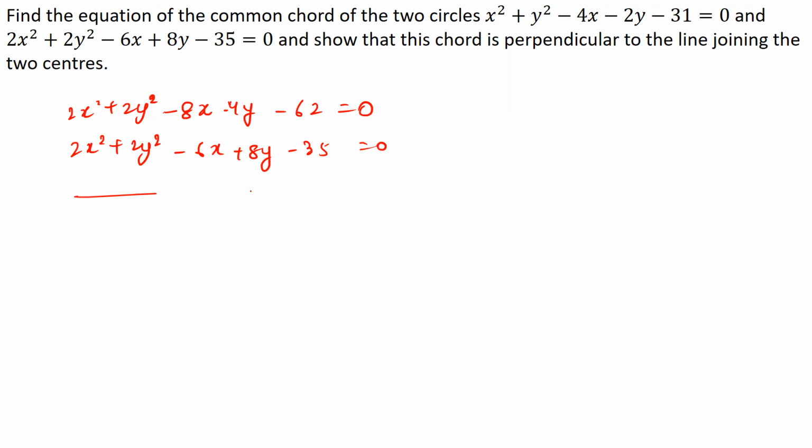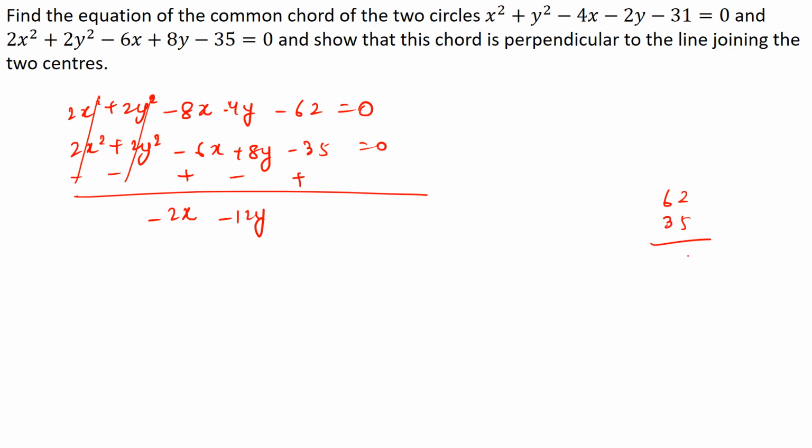If I subtract these two equations, on cancelling, minus 8x plus 6x gives me minus 2x, minus 4y minus 8y gives me minus 12y, and then plus 35 minus 62, which is minus 27, equal to 0. On taking minus common, I get 2x plus 12y plus 27 is equal to 0.